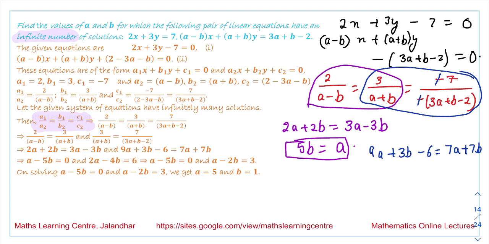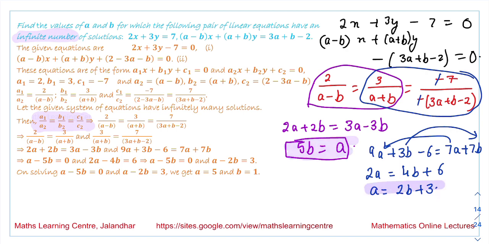So what we get is that 2a, this 7a term we send over here and this term we send over here, so it is equal to 4b plus 6. So a is equal to 2b plus 3. So we are saying we require such values of a and b which satisfy both these conditions, that is a is equal to 5b and a is equal to 2b plus 3.